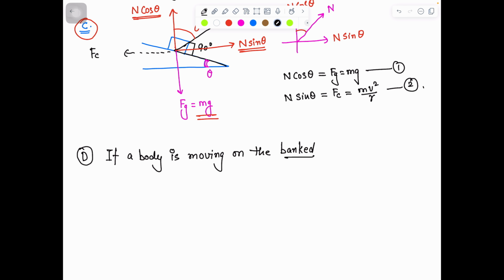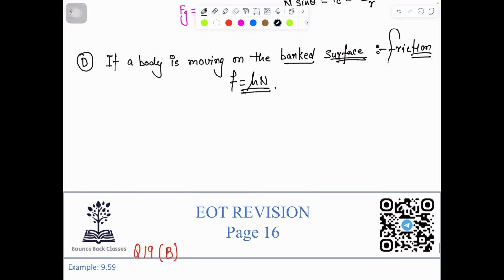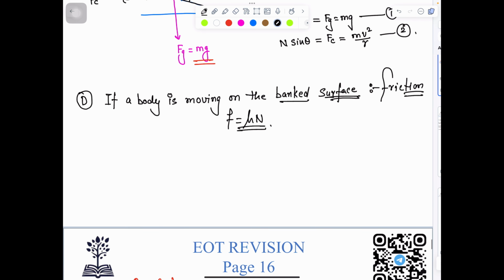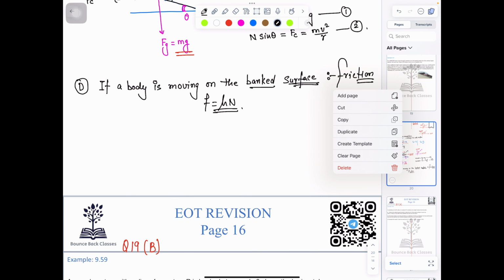Banked means it is raised at some angle. Then you have the word friction, and the formula for friction is mu times n. Remember this. We need to understand the friction also. I will add a page for you so that you can understand easily.